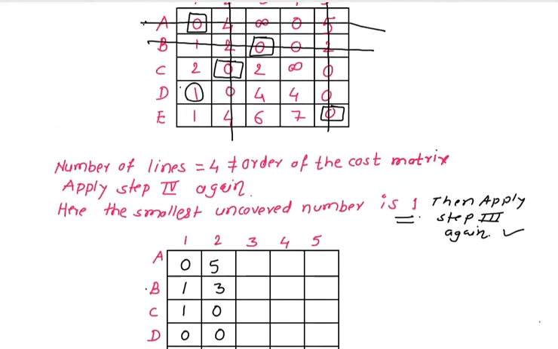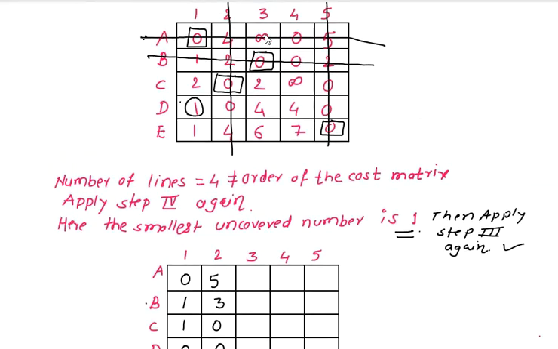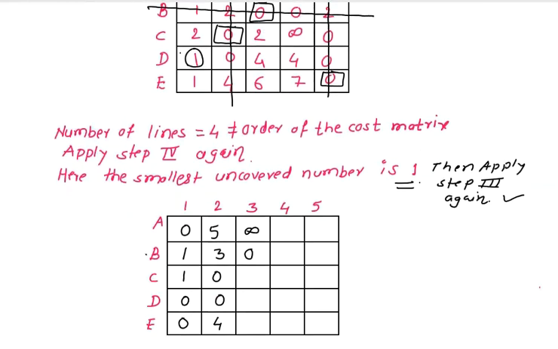Then elements of the third column, infinity and 0 as it is. Now subtract 1 from the uncovered numbers. 2 minus 1, 4 minus 1, 6 minus 1.